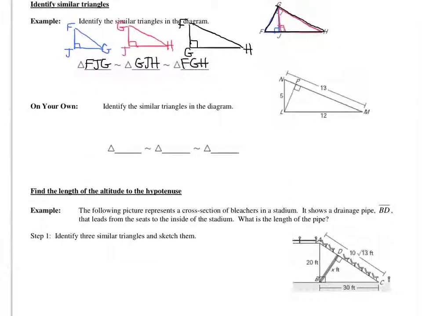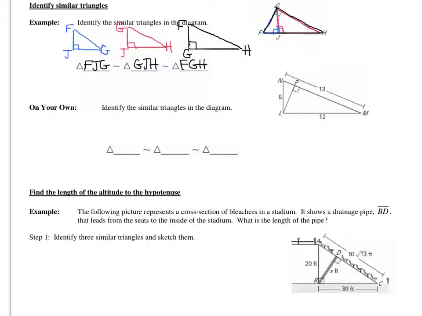Okay, in this next problem here, let's make sure that you drew them correctly. So my small triangle with a right angle, this would be NPL.